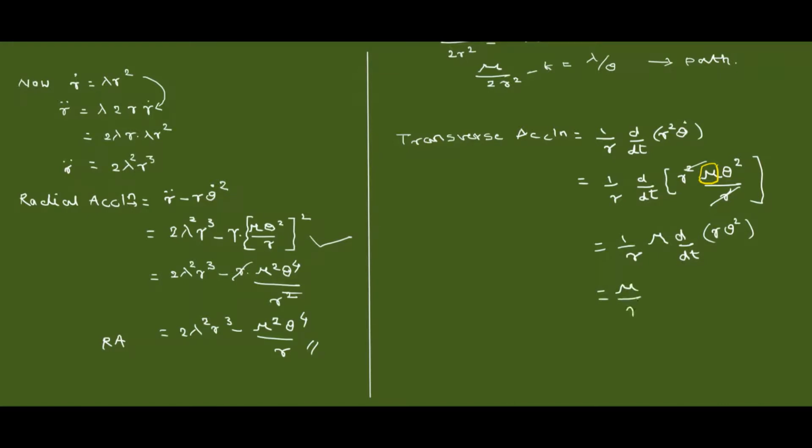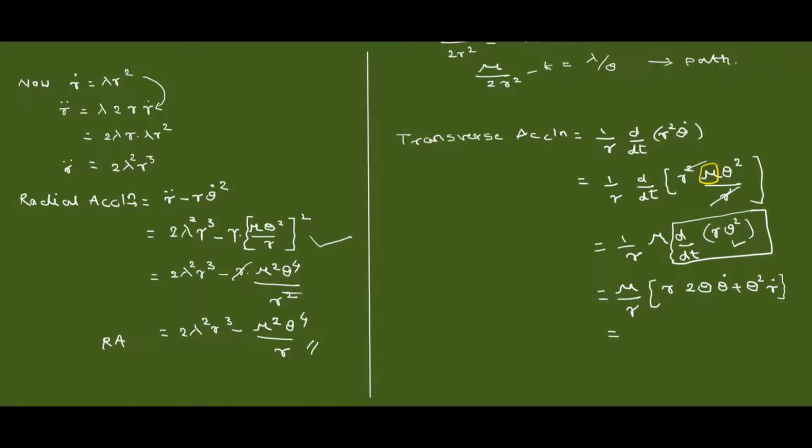So mu divided by r into bracket. Now we have to differentiate this by using product rule. So first r as it is. What is differentiation of theta square? Differentiation of theta square is 2 theta into theta dot plus next theta square as it is. What is differentiation of r? Differentiation of r is equal to r dot.